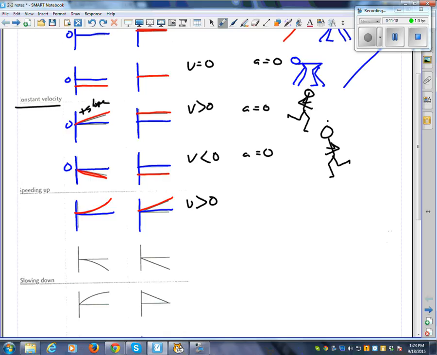And because we now have a positive slope, that means that my acceleration is also positive, above zero. And if the velocity and the acceleration are both in the same direction, both positive, then this person is actually accelerating, speeding up. And that would be shown like this. Right? They're speeding up.